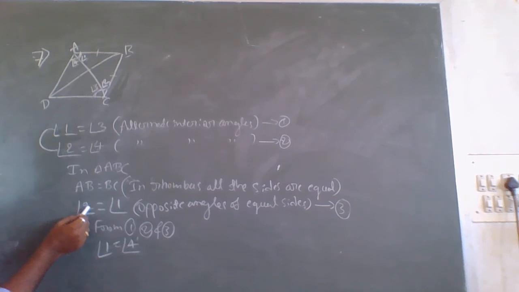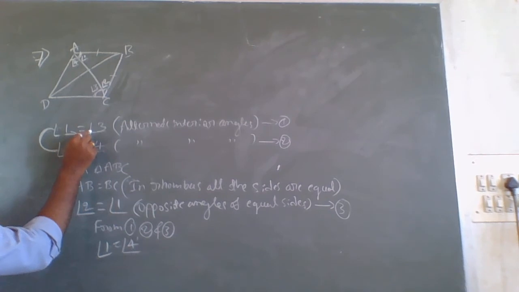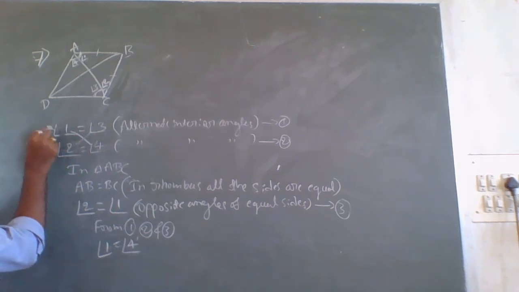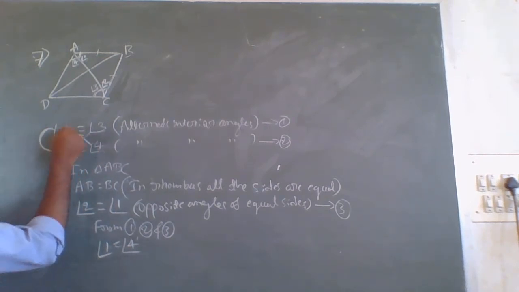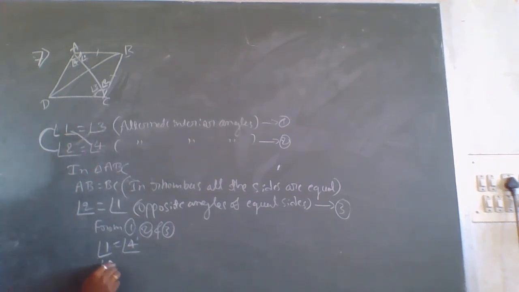Therefore angle 1 is equal to angle 4. Like that, angle 3 is equal to angle 2, because angle 1 is equal to angle 2 and angle 1 is also equal to angle 3.